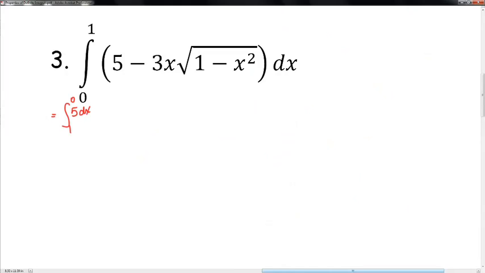And instead of dealing with a negative, I can just make it positive and flip my bounds. So I'm going from 1 to 0 of 3x times 1 minus x squared to the 1/2 dx. Again, I can make that positive because my bounds were switched. And so now we can do u substitution.